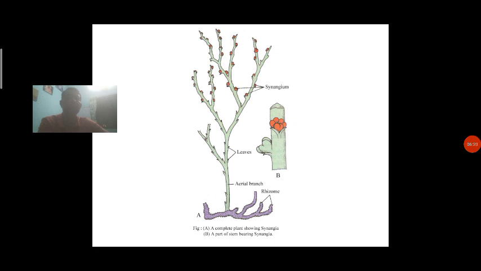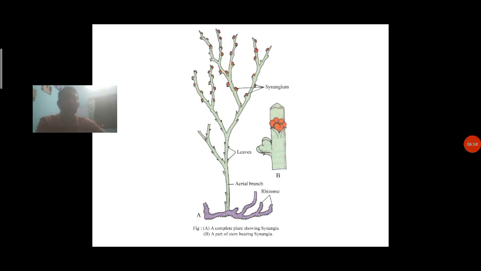Here you can see there is a presence of the rhizome, and this rhizome gives rise to a particular type of branching pattern that we call the aerial branch.